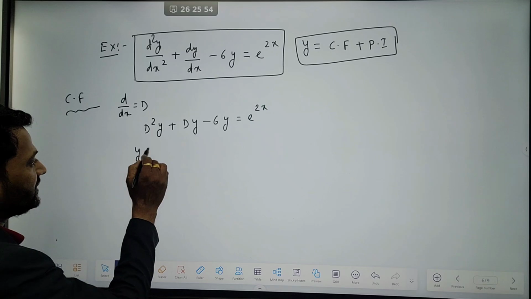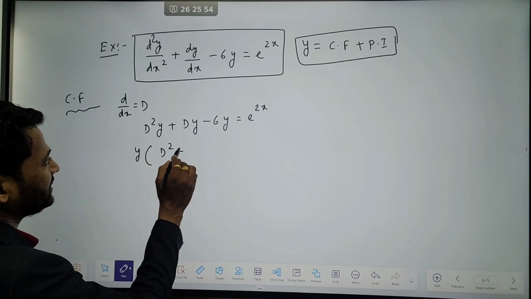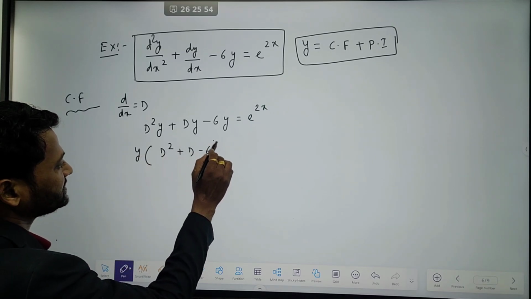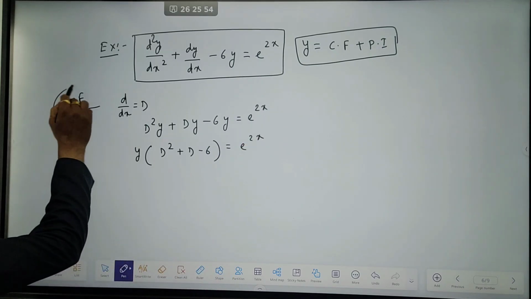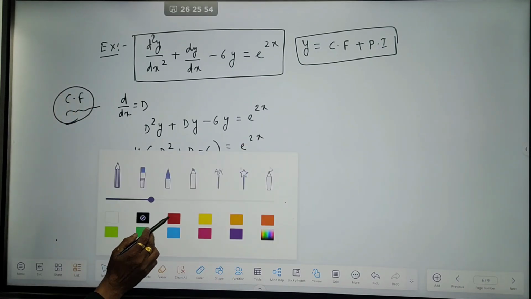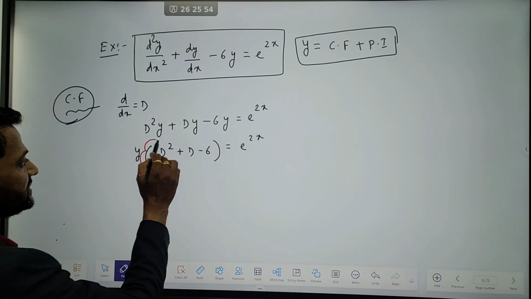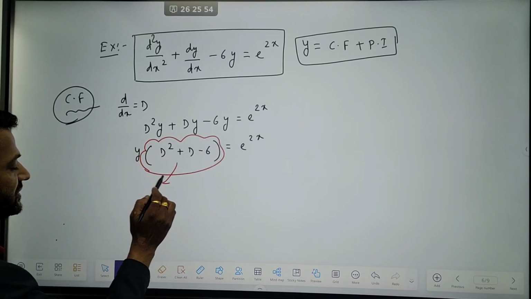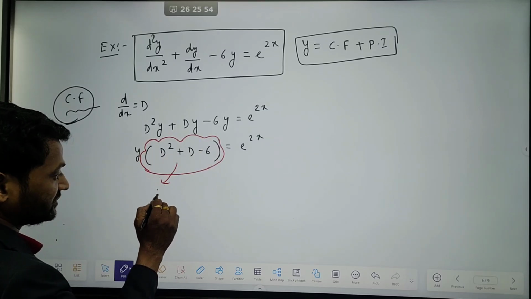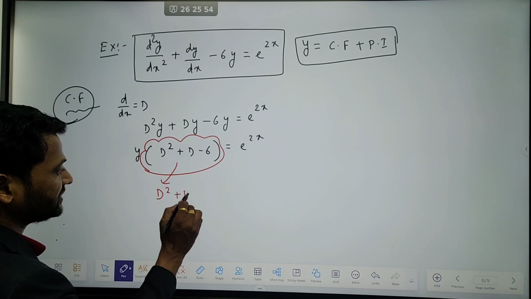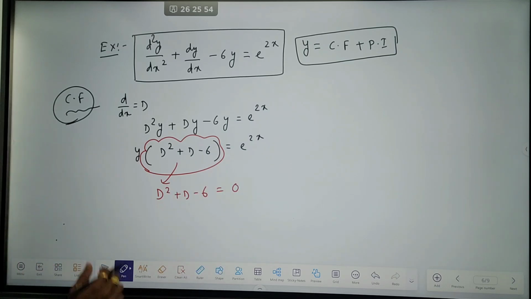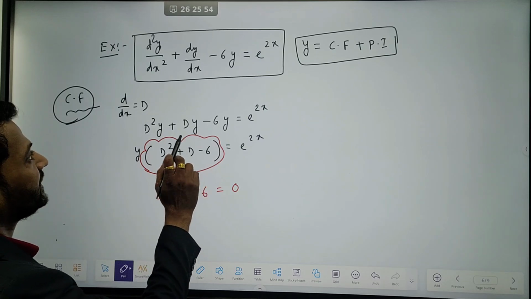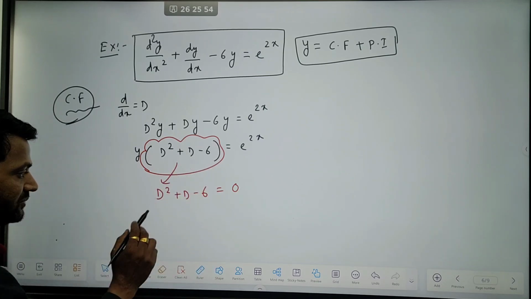If I take y as common, it will be D square plus D minus 6 equal to e to the power 2x. So to find CF, we have to see this equation. This equation is the auxiliary equation, meaning we have to write D square plus D minus 6 equal to 0. Understood?